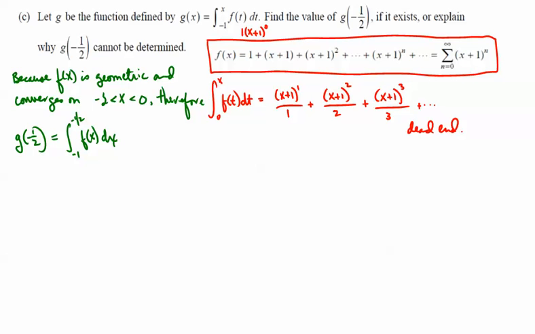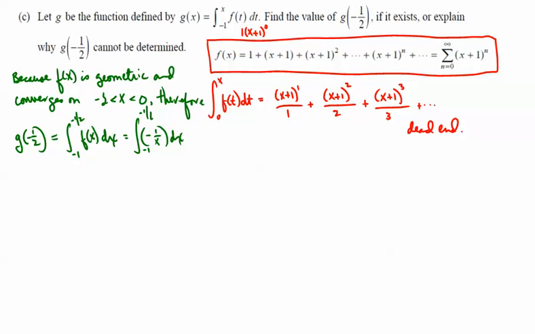Well, we know that f of x converges on the interval from 0 to -2 to -1 over x, from the previous parts of this problem.